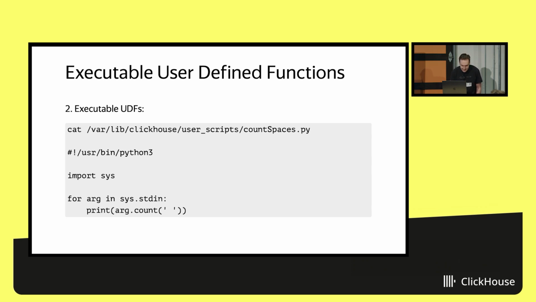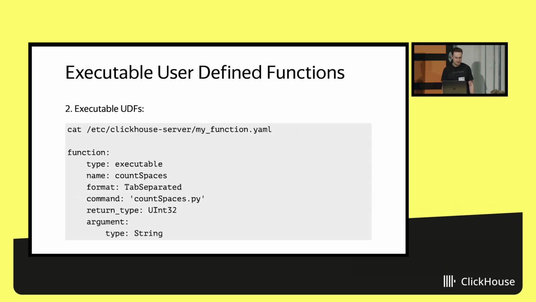It will count the number of space characters in the string. This script will receive data on standard input, every tuple of arguments on a line. By default, it will use tab-separated format, and it will print the result also in a tab-separated format.